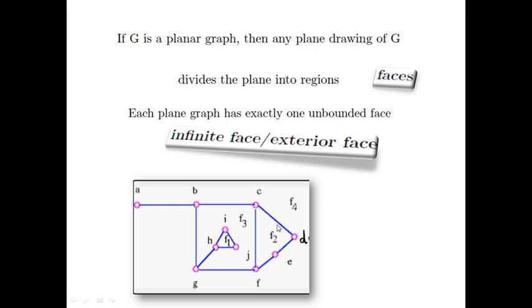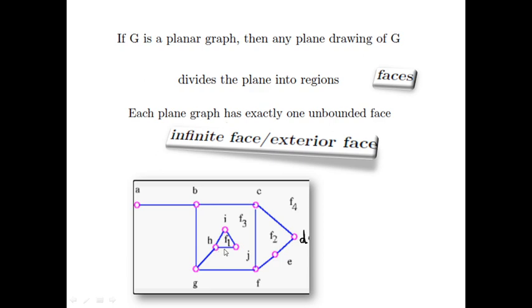You can see this by an example. Say this is a plane graph and you can see that it divides the plane into regions. This is a triangle, and again here this is a square, and another one is here, and this is the unbounded, the exterior one.